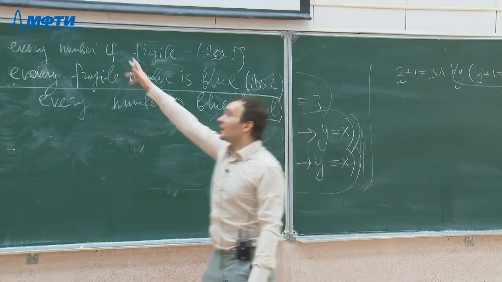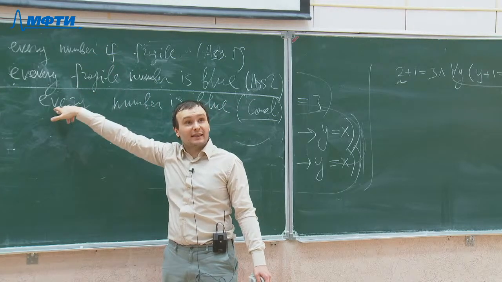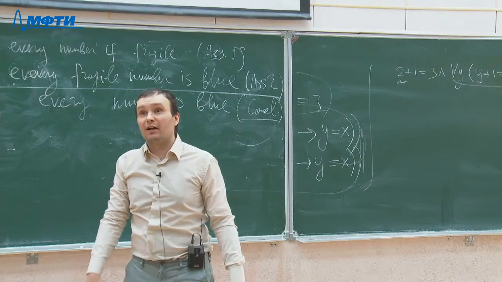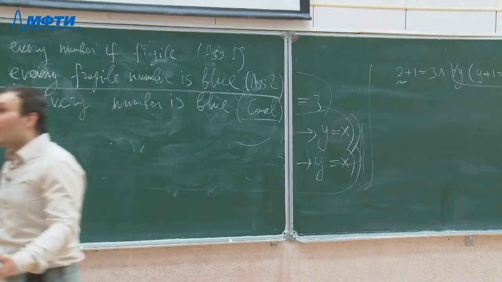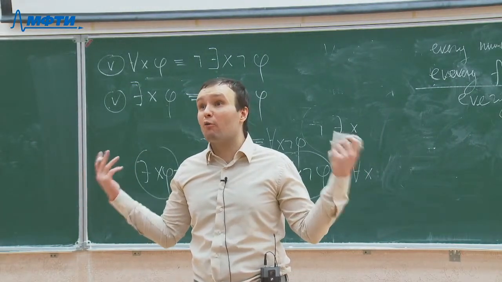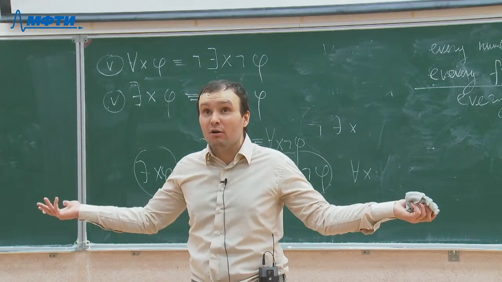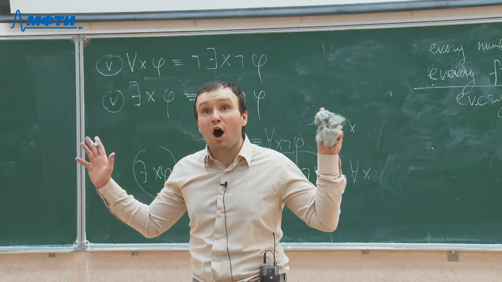If we imagine that these two are true, is it necessary that the conclusion is true as well? Of course. For whatever meanings our words fragile and blue could take, for whatever meanings, always.